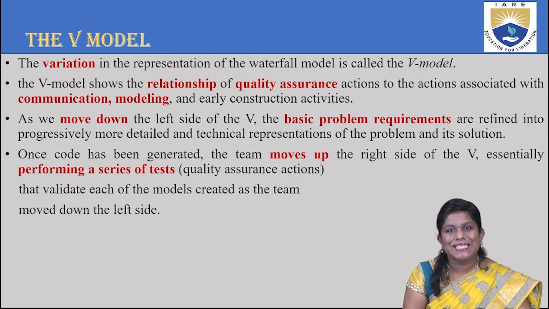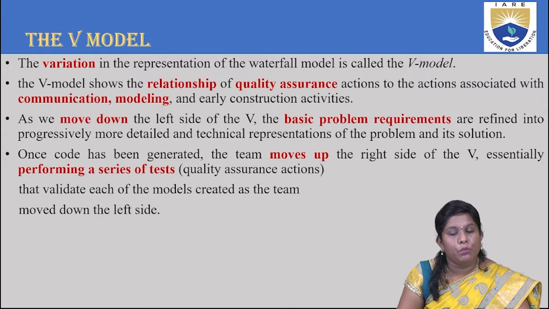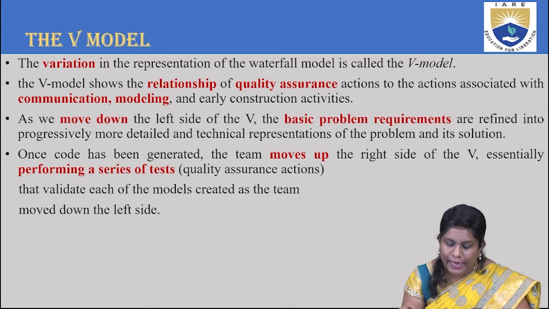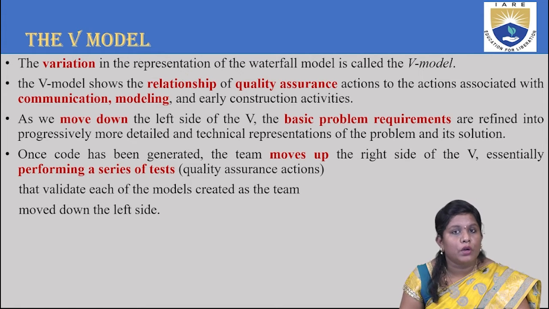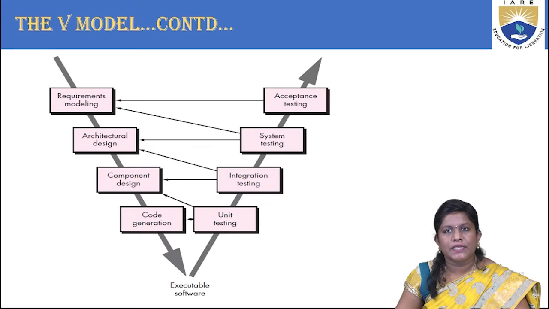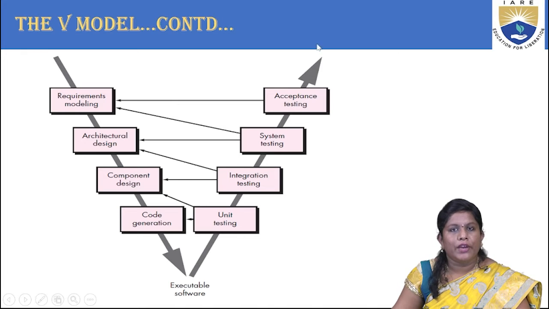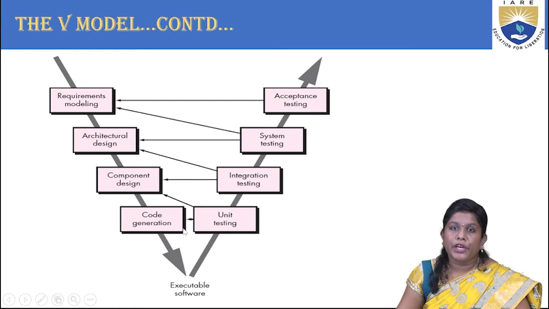So if you can look at the second point, or you can see the third point, as we move down. So what is happening as we move down in the structure of it? You are trying to focus on the basic problem requirements. That is, let me just show you the diagram. This is a diagram of the V model where you are starting from the top, that is coming down. So when you are trying to come down, you are trying to focus on the basic problem requirements, right?